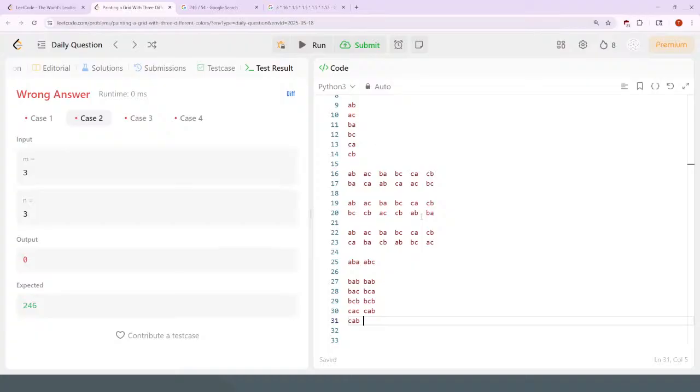Okay. So of the 6 ways to form a 1 by 2, no, what am I saying?